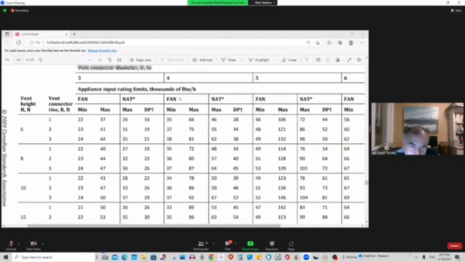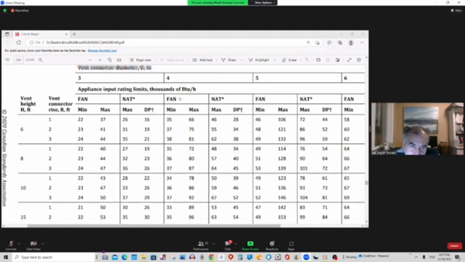What I got is natural draft, and it's saying tight house. So what I'm looking for is DP, right? Let me see if I can bring it down a little. Here, if I put my ruler in front of here, 15.2 is, we say, tight house. I'm looking at the DP.